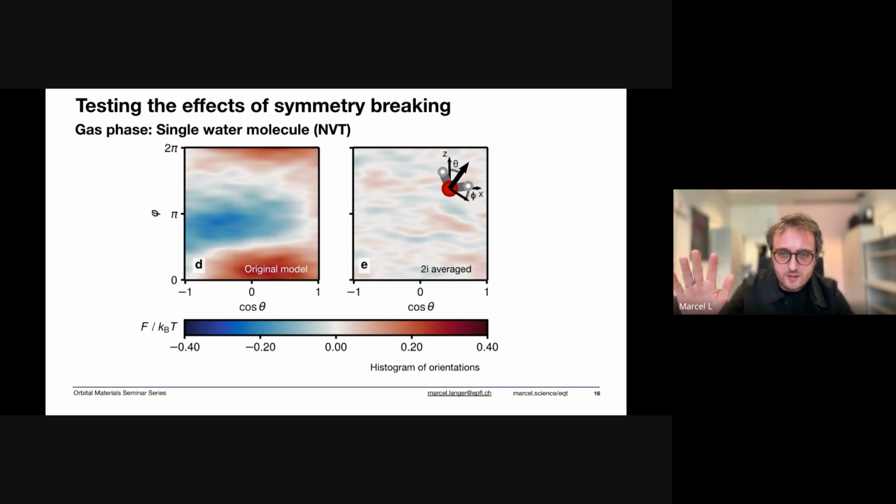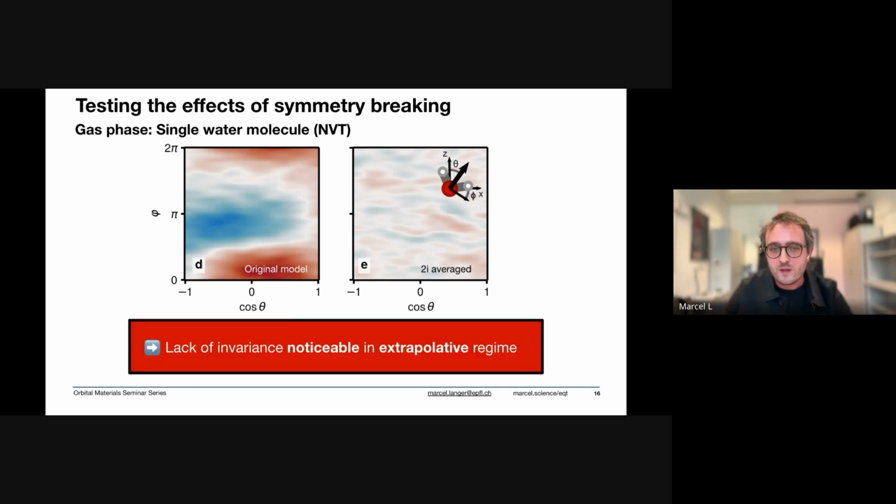There is no preferred orientation, and all you can see in this plot is a little bit of statistical noise that's much below a few standard deviations. It's just because we didn't run 100 nanoseconds and only 10. But we see that also in this case of thermostatted dynamics, there is still some spurious anisotropy in our system. So we can conclude that in this extrapolative regime, this very strict case of a single water molecule, we actually notice this lack of invariance.